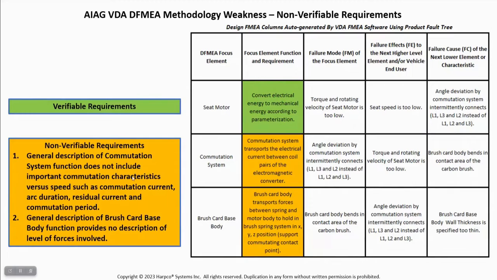There'd be important characteristics about that system, such as characteristics versus speed, commutation current, arc duration, residual current, and commutation period requirements. So this is way too generic for anybody to design to. Consequently, when you go to verify against it, your DV is going to be weak because you won't know what you're verifying against. Likewise, when we get down here to the brush card body, we don't talk about how much force has to be transferred.